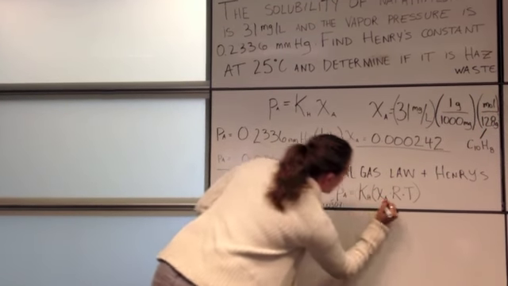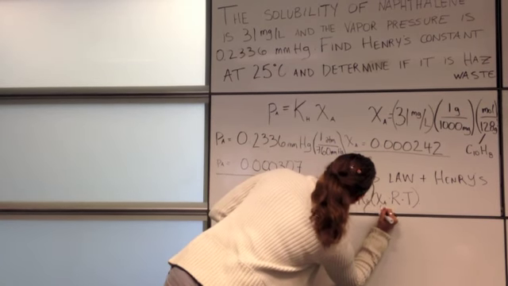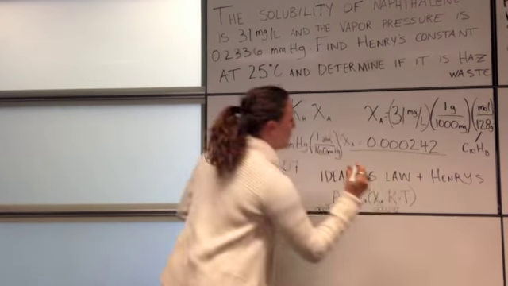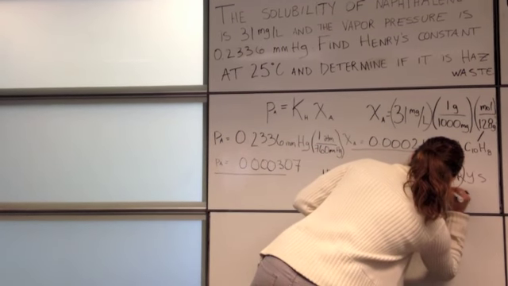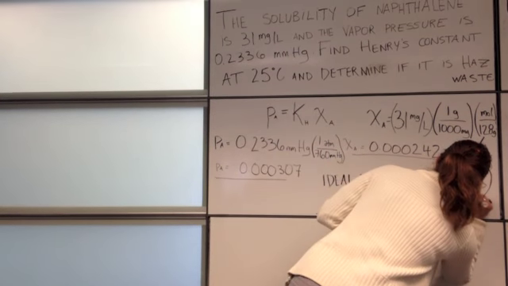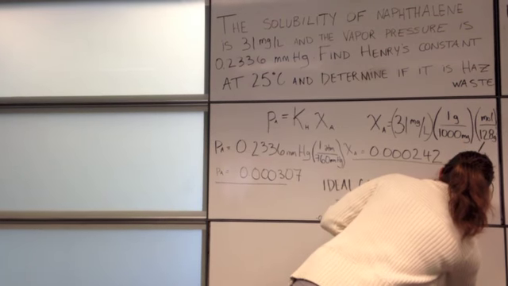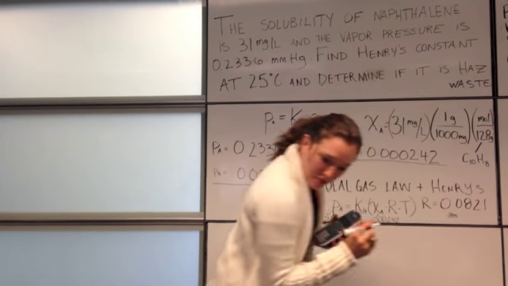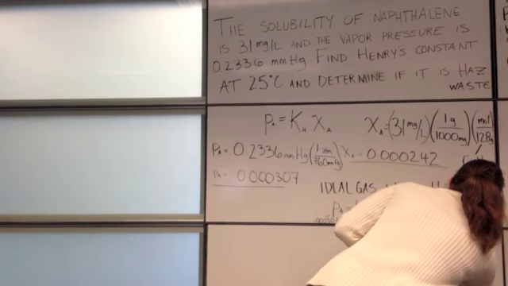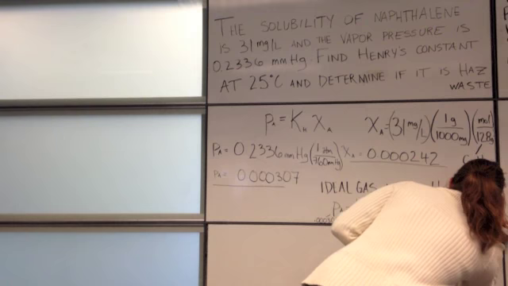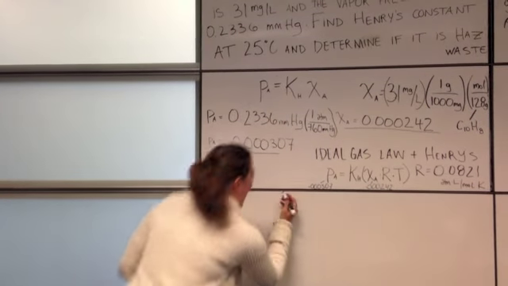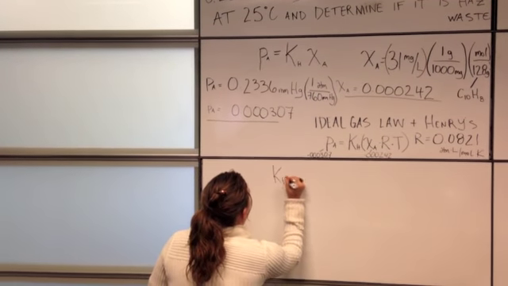Then, combining the ideal gas law with Henry's law to convert for temperature, with a volume of 1 liter, we get P equals KXRT. With an R of 0.0821 liters ATM per mole K, we need to convert the vapor pressure from millimeters of mercury to atmospheres.